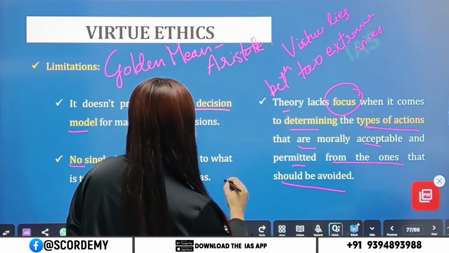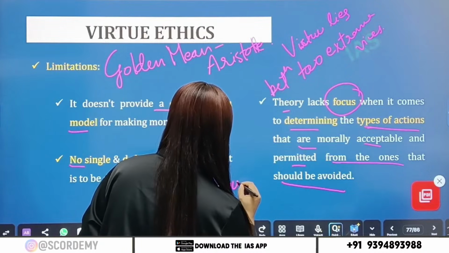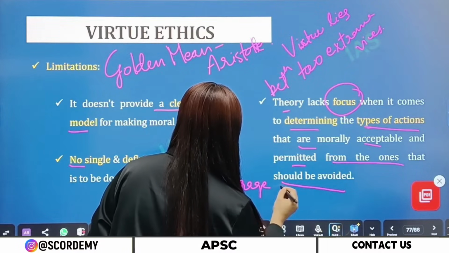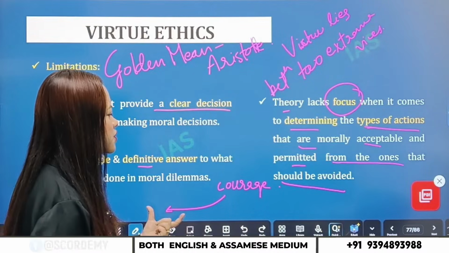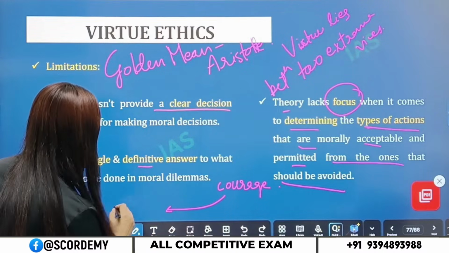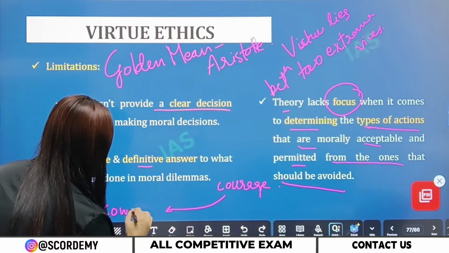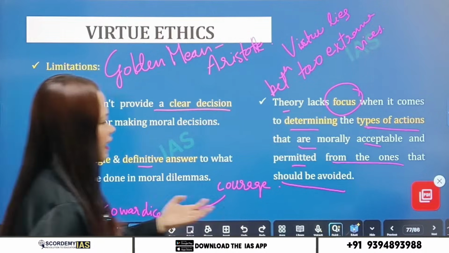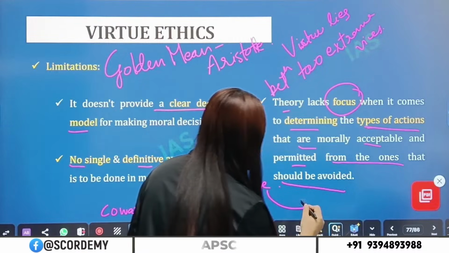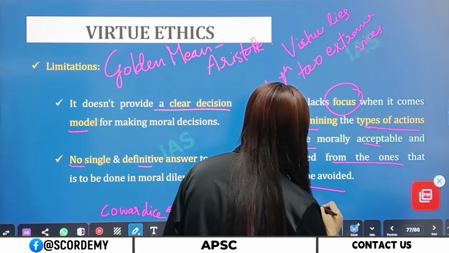For example, I write it here. Courage is a virtue. The extreme deficiency of courage is called cowardice, and this is a vice. And excess of courage is called foolhardiness or recklessness.